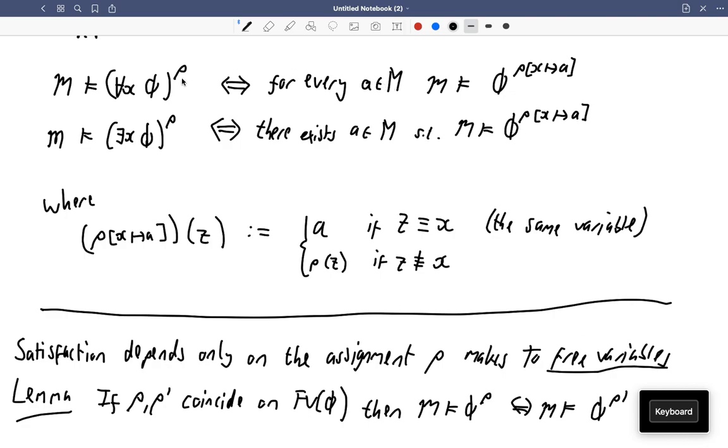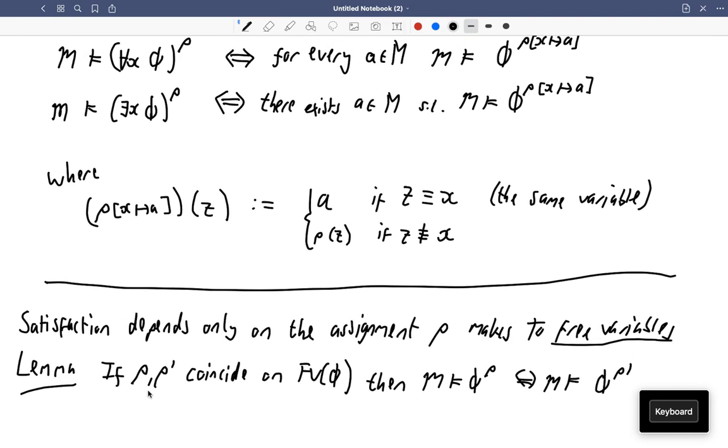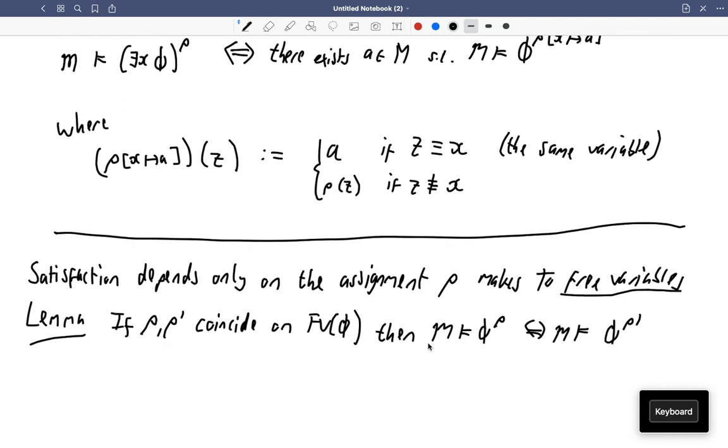So the original value of rho on the variable x gets ignored. And that's basically the insight as to why the values assigned to bound variables in the formula phi are irrelevant to the satisfaction relation, which is what this lemma says.